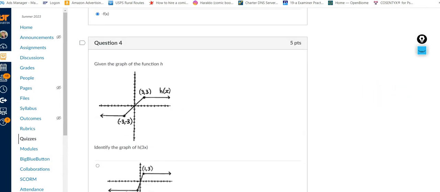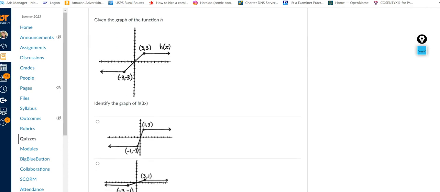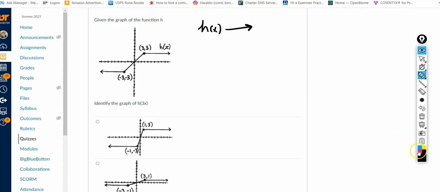Okay, so let's see what's going on here. Okay, so the old one's going to be h of x, and the new one is going to be h evaluated at 3x.